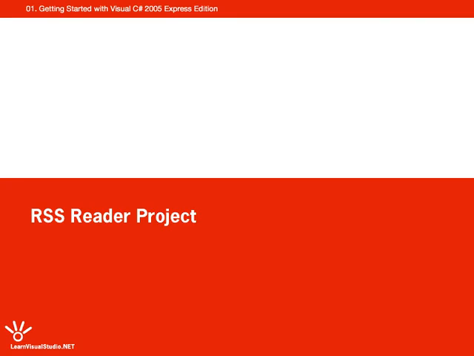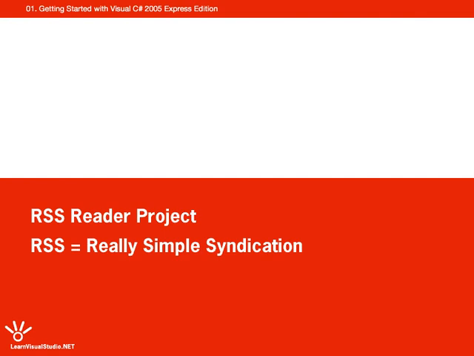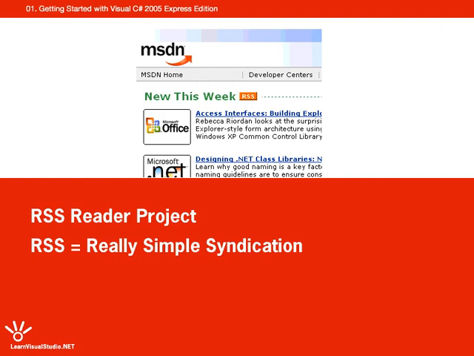The application that we'll build in the last 5 lessons will be an RSS reader. Now, if you're not familiar with the term RSS, that stands for Really Simple Syndication, and it's one of the latest trends on the internet. It allows websites, especially those websites that update their content frequently, like blogs, for example, to publish a short description of new articles as they're posted on the website.